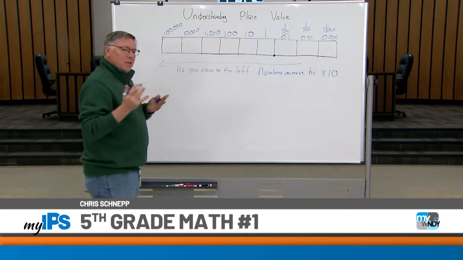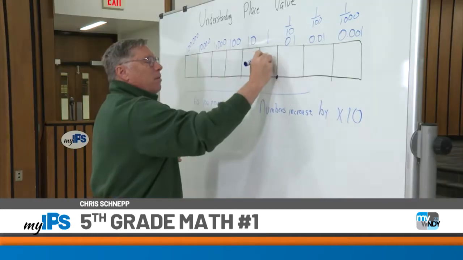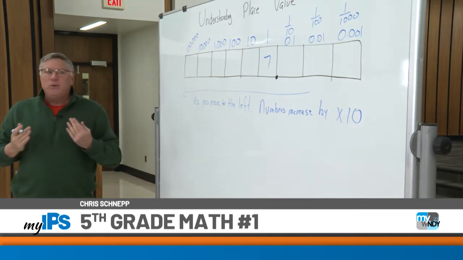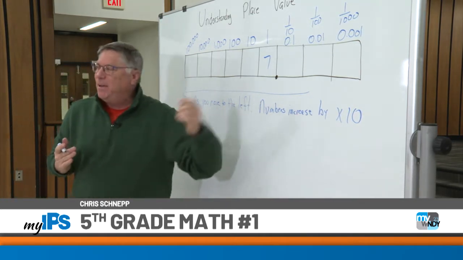So for example, let's take the number 7 and we're going to put it in the ones place. As we move to the left, our numbers are increasing, and it increases by times 10.